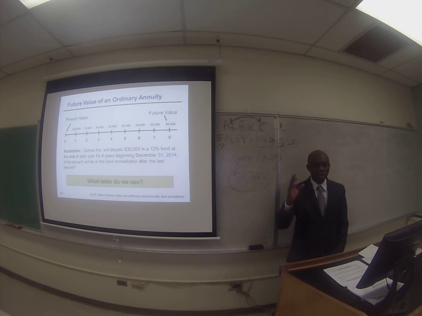They are going to do it for 8 years. The amount is $30,000 every year for 8 years. That is annuity. The first payment is at the end of the first year. That is ordinary annuity. The question is, what amount will be in the fund immediately after the last deposit?